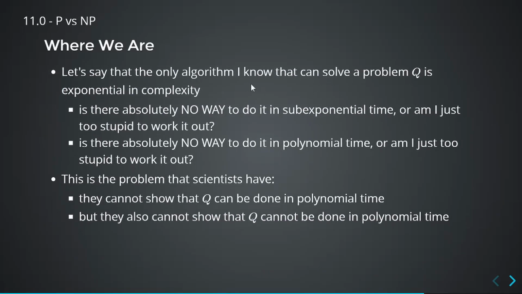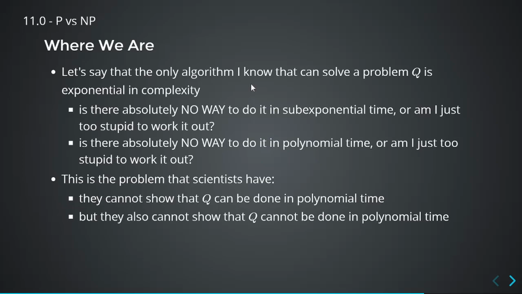So let's say that I have a problem Q, and the best algorithm that I know that can solve it is exponential in complexity. Is there absolutely no way that I can do it in sub-exponential time? Or am I just too stupid to work it out? Same thing with polynomial time. Is there absolutely no way that you can do this in polynomial time?